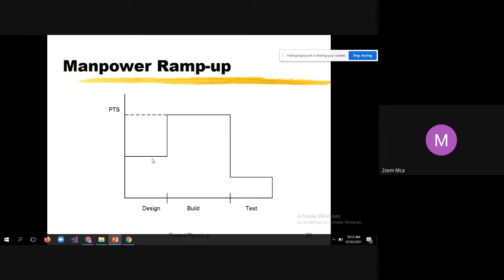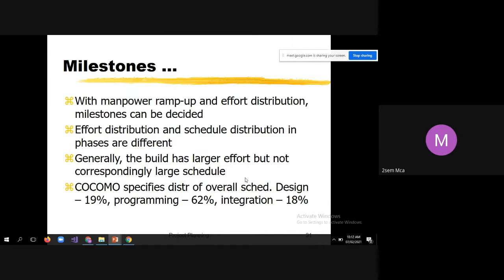Here the team size is, say for example, 10. Then you have ramped up to 20. Once development is done, you need only very few resources, that is only 5. This is the manpower ramp up graph. This graph shows you how to ramp up manpower. Then milestones.